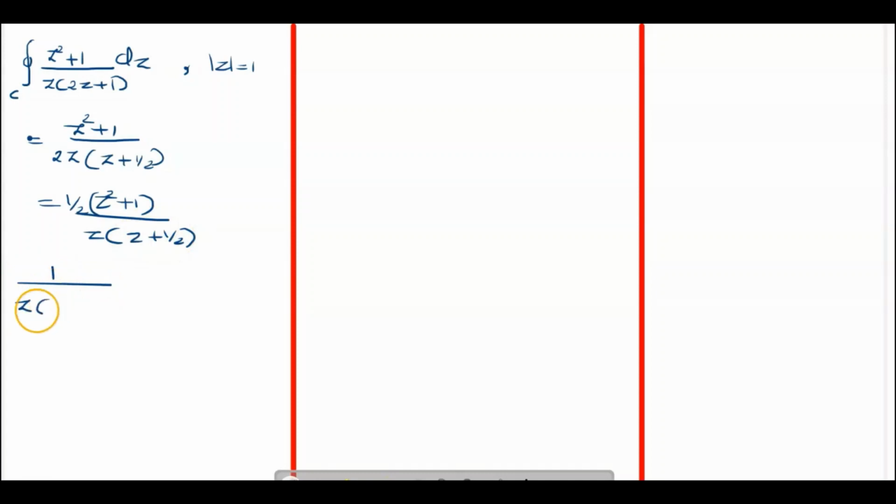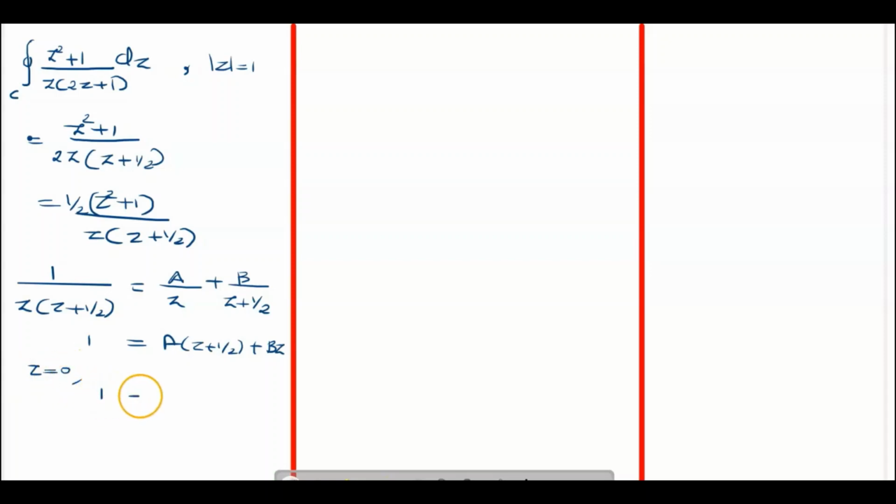1 divided by z into (z + 1 by 2) equal to a by z plus b by (z + 1 by 2). Now cross multiplying: 1 equals a into (z + 1 by 2) plus b into z. So substitute z equal to 0.